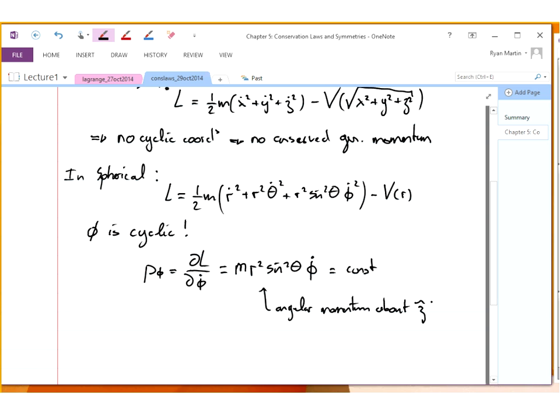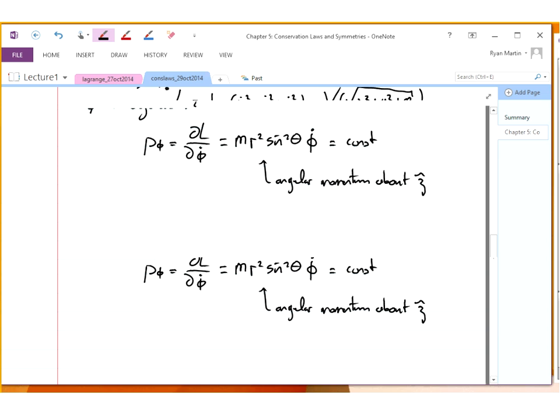If you use Cartesian coordinates in a central potential, none of the linear momenta are conserved, and so you conclude that there are no conserved quantities. Conserved quantities are good because they make the problem much easier to solve, right? Because here p phi is given trivially. So it appears that the choice of coordinates can uncover quantities that are conserved, and so there are clearly optimal choices of coordinates.